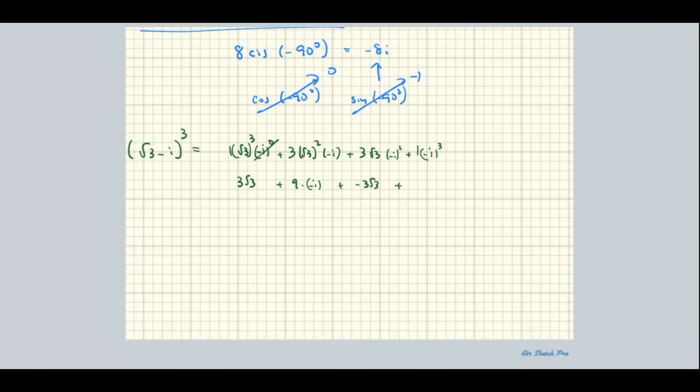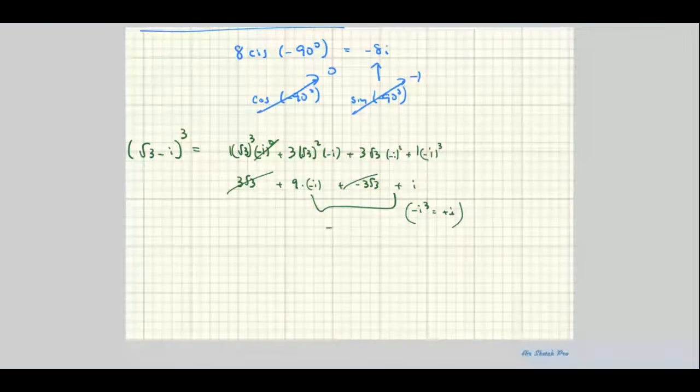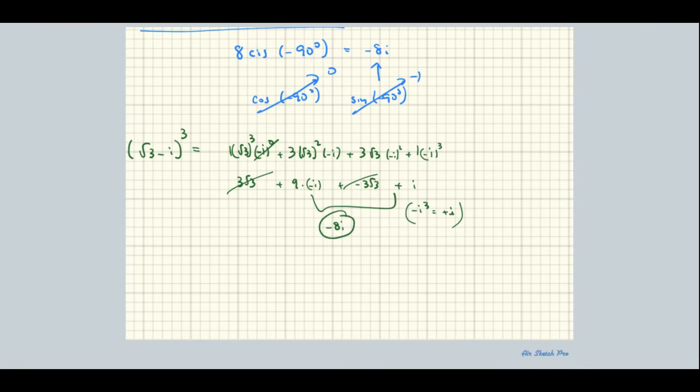Now, negative i cubed is negative i cubed. Right? And i cubed is negative i, so it's positive i. So this is plus i. So these two cancel, and these two add up to, surprise, surprise, negative 8i.